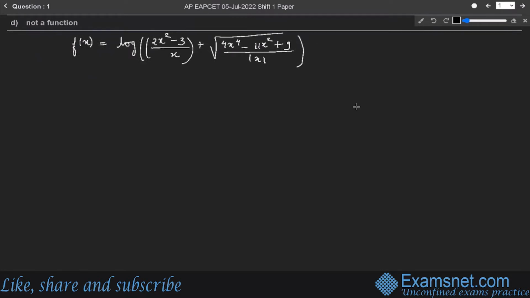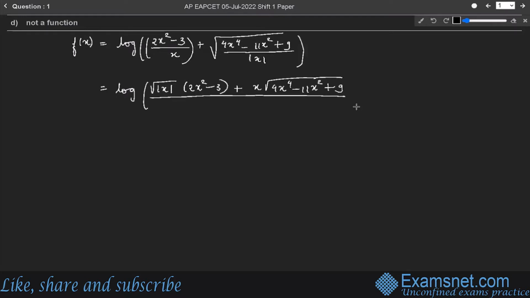So by taking the LCM, it becomes log of under root of modulus x into 2x square minus 3 plus x into under root of 4x power 4 minus 11x square plus 9, whole divided by the LCM, which is x into under root of modulus x.